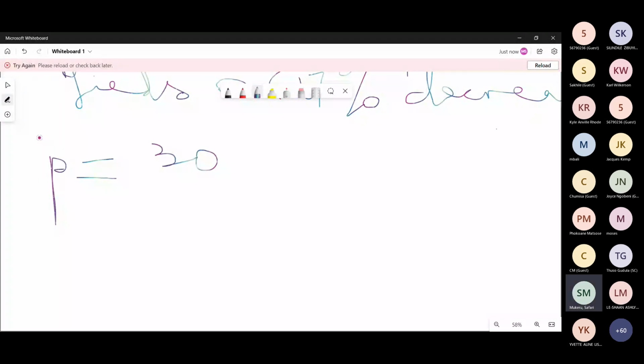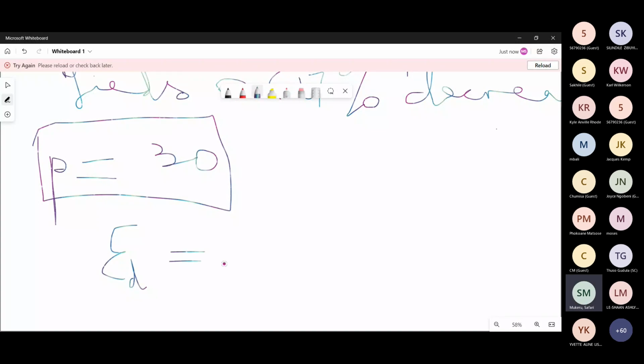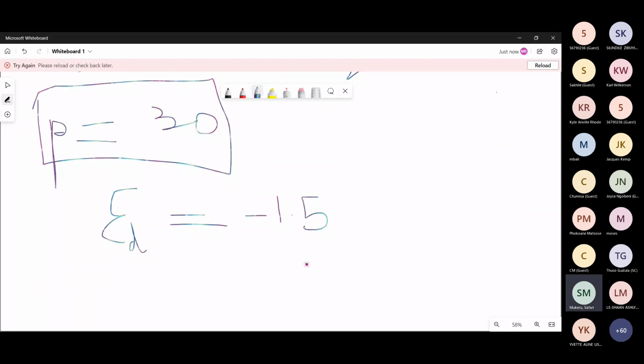Same calculation here. We have negative 1.5, right? The meaning is the same, right? 1% increase in the price yields 1.5% decrease in the quantity demanded, or vice versa.